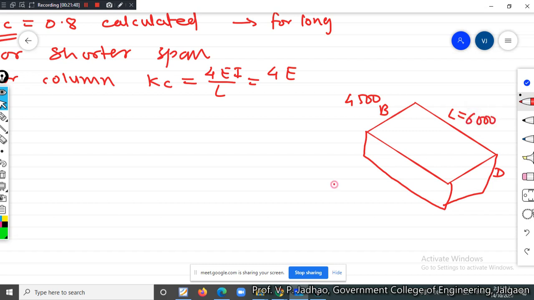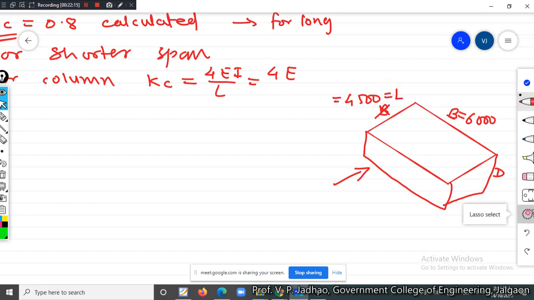Now we want to calculate the moment of inertia along the shorter span. Therefore the width will be equal to 6000. So this L in the earlier case will become B now. We are calculating the moment of inertia in this direction. Therefore this B will be equal to 6000 and this will become L.